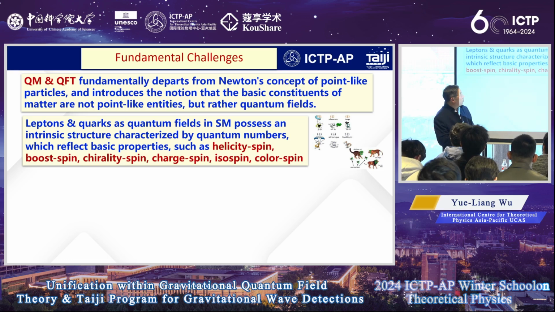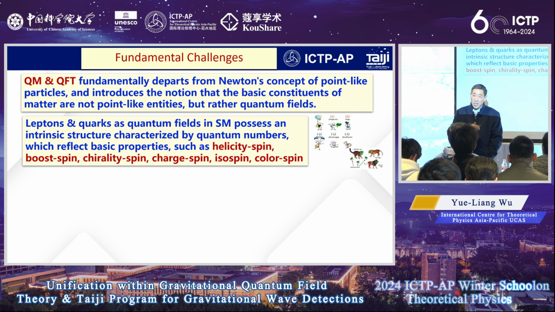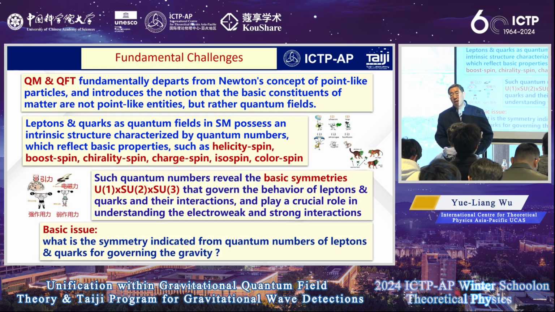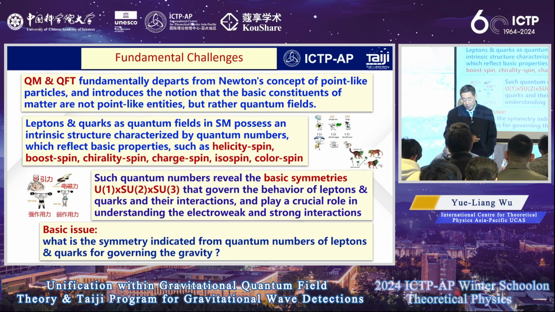The charge spin is for the electromagnetic interaction, isospin for the weak interaction, and color spin for the strong interaction. But we still have chirality spin, helicity spin, and Bose spin. They are still global. In quantum theory, this global symmetry is associated with the coordinate symmetry as a Lorentz symmetry. That is the framework of quantum field theory based on special relativity and quantum mechanics.